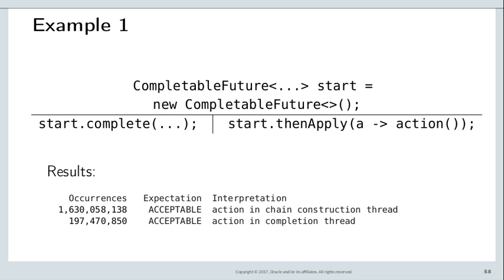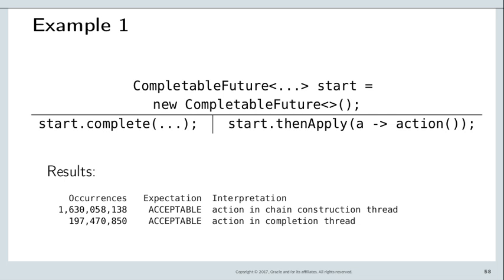This complete and then apply run in two different threads. Those threads execute simultaneously. And in order to check real concurrency behavior, we have to do it billions of times, and this tool does it for us and tells us how frequently I got one or other results.